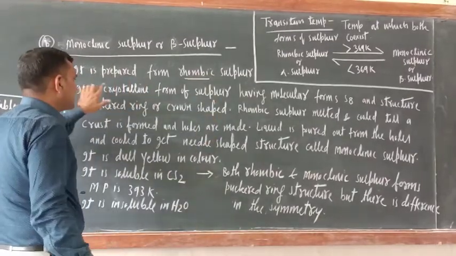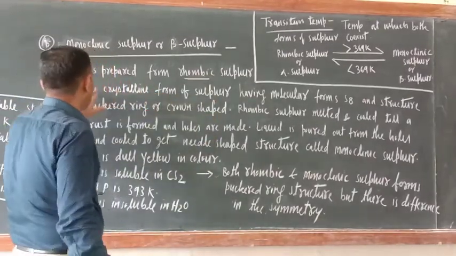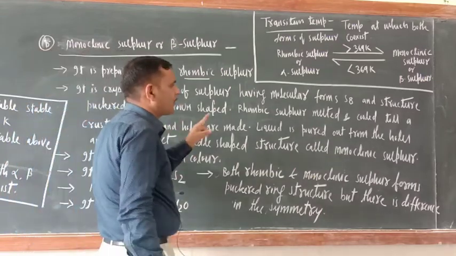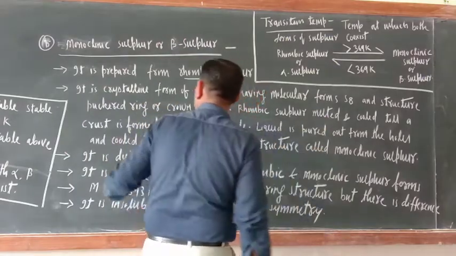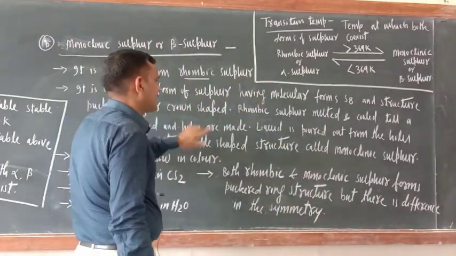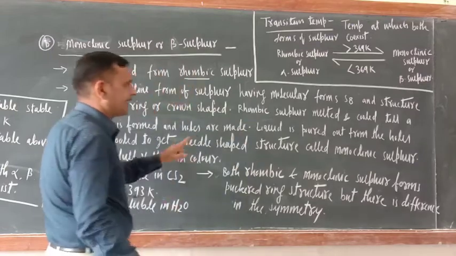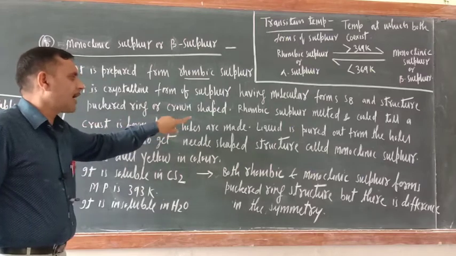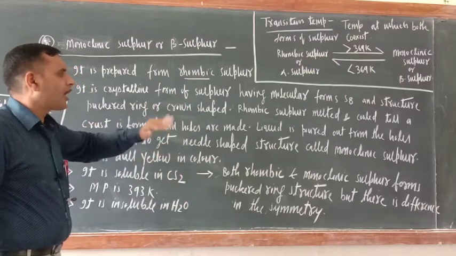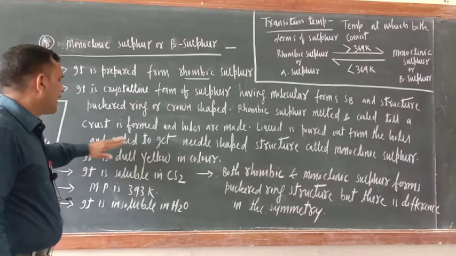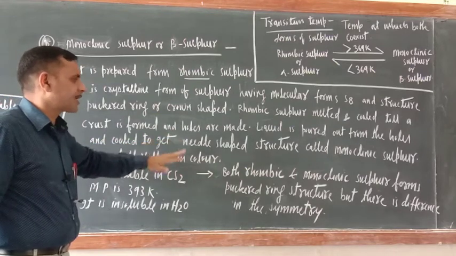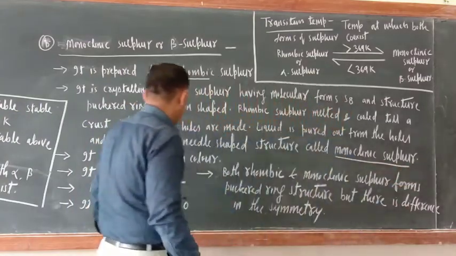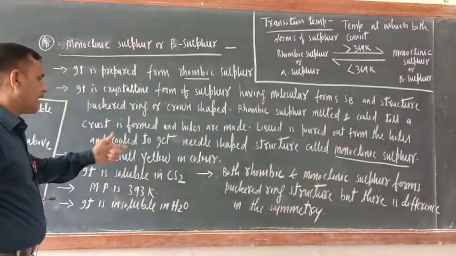It is a crystalline form of sulfur having molecular form S8 and a puckered ring or crown shaped structure. Rhombic sulfur is melted and cooled till a crust is formed and holes are made. The liquid is poured out from the holes and cooled to get a needle shaped structure called monoclinic sulfur. It is dull yellow in color.